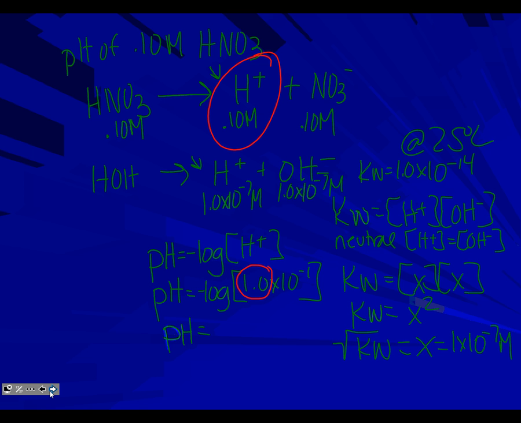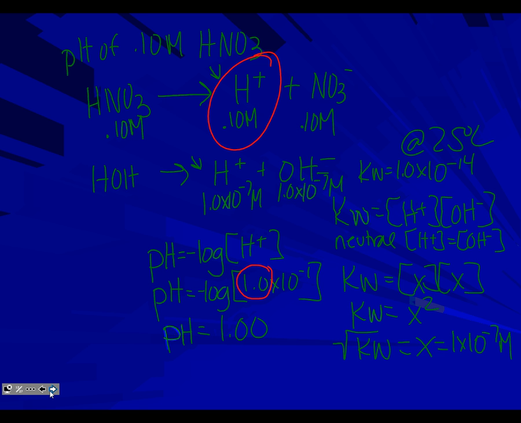So negative 1 becomes 1. So the pH of this is 1.00, which is pretty common for strong acids. They tend to have a pH of 0, which yes, you could have, or a pH of 1. That's pretty common.